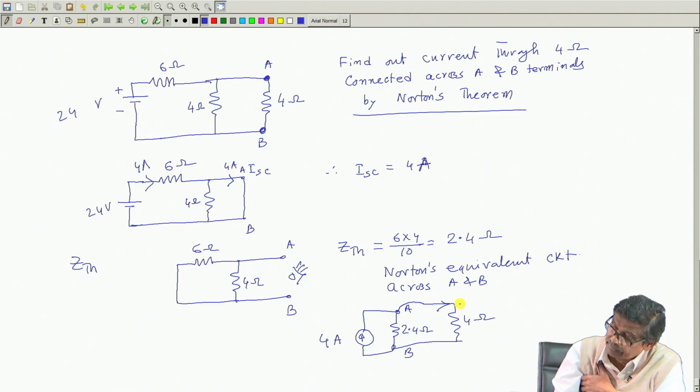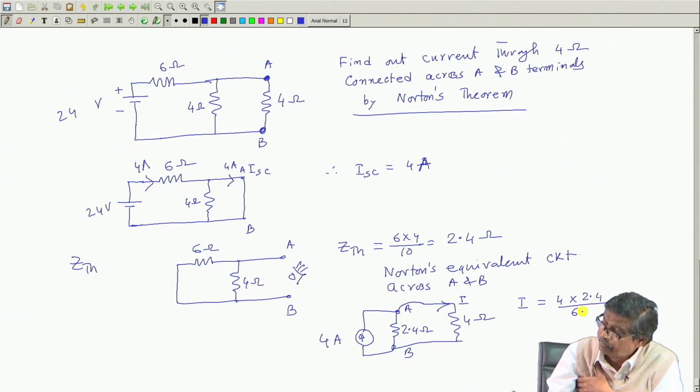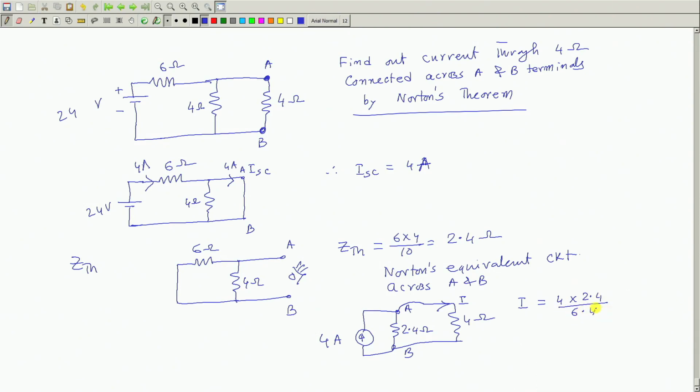This current I, how much it will be? I will be equal to 4 ampere into 2.4 divided by 6.4. It is coming same. How much?